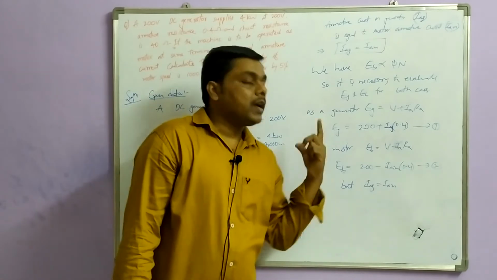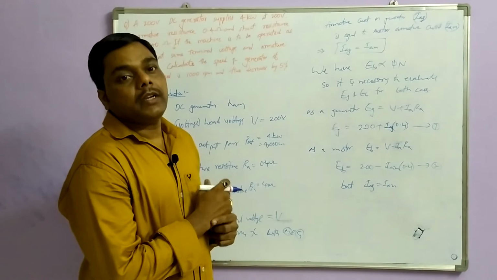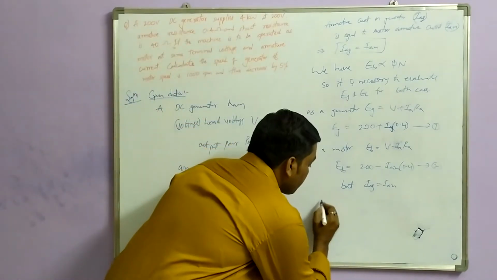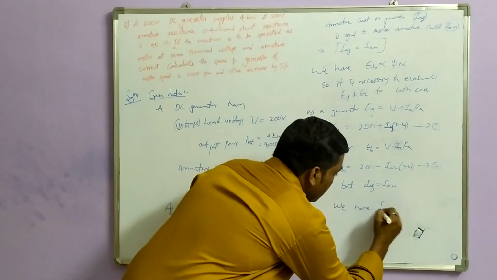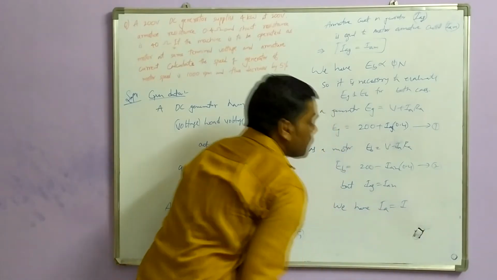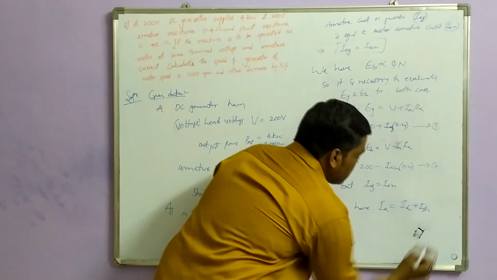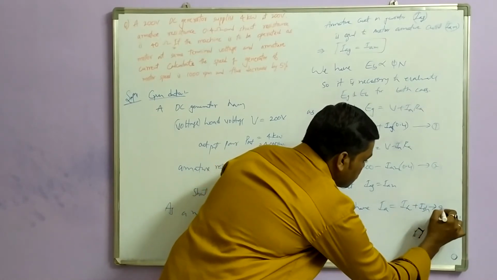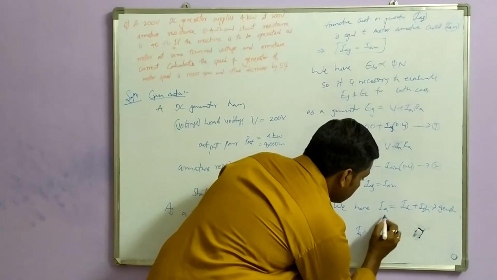So we have to calculate IAG or IAM in terms of load current and shunt current. So we have IA equal to IL plus ISH in the case of generator, and IA is nothing but IAG.